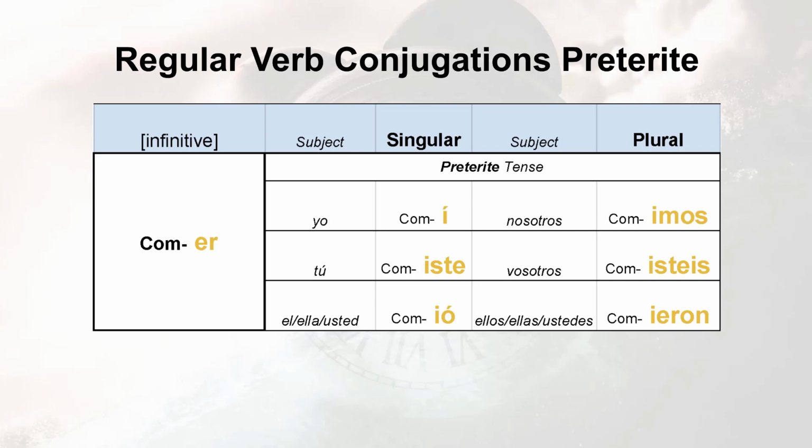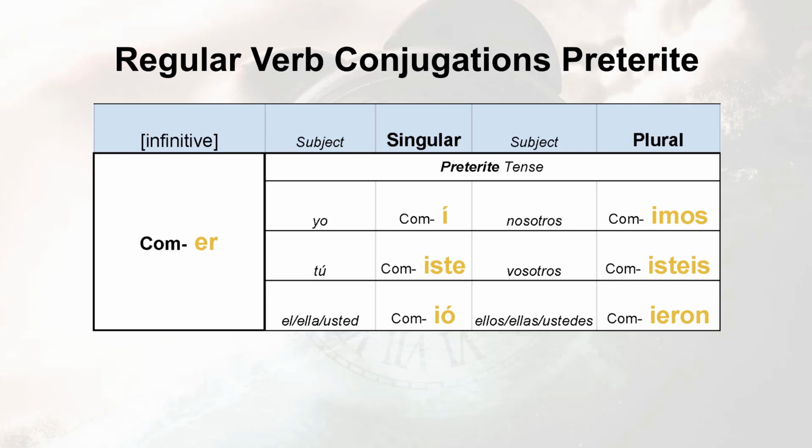Don't forget to put the accent on the í. For the second person singular, it's going to be tú comiste, adding iste at the end. For the third person singular, él, ella, usted, it's going to be comió, adding ió at the end.